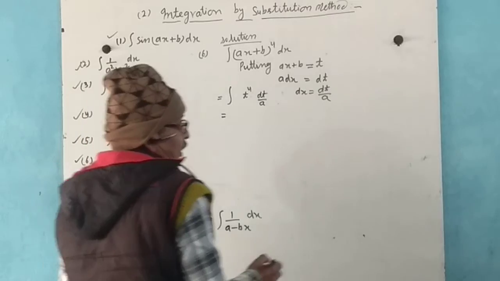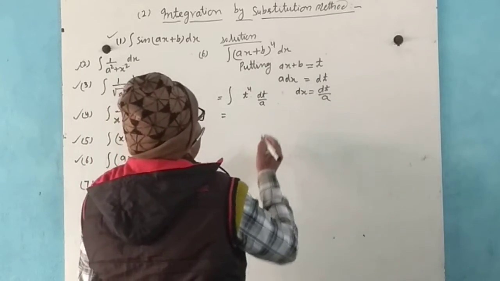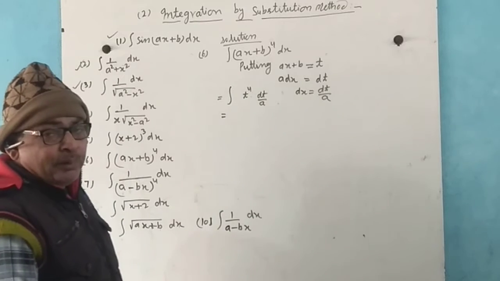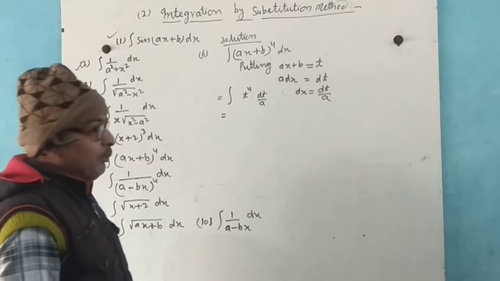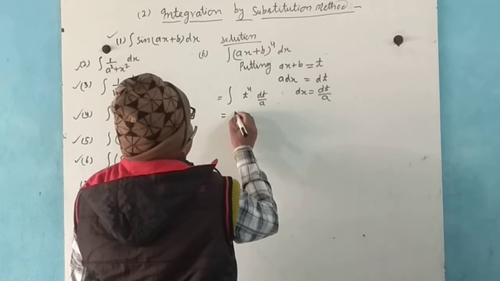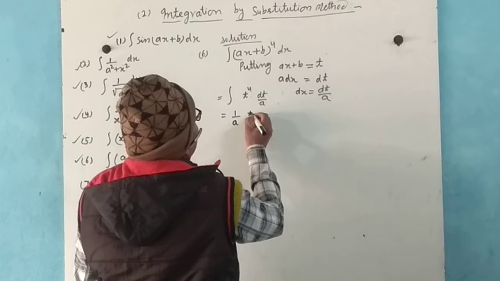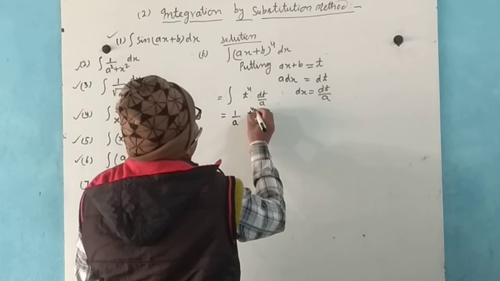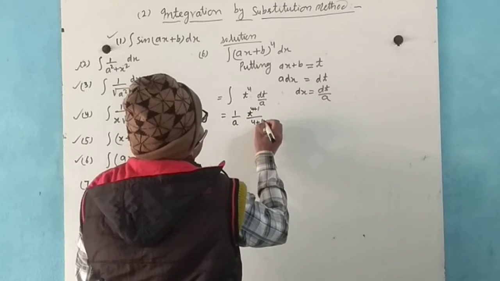Now as we know that integration of x to the power n dx equal to x to the power n plus 1 divided by n plus 1. In the similar way, a is a constant, so 1 by a comes here, and t to the power 4 plus 1 divided by 4 plus 1.